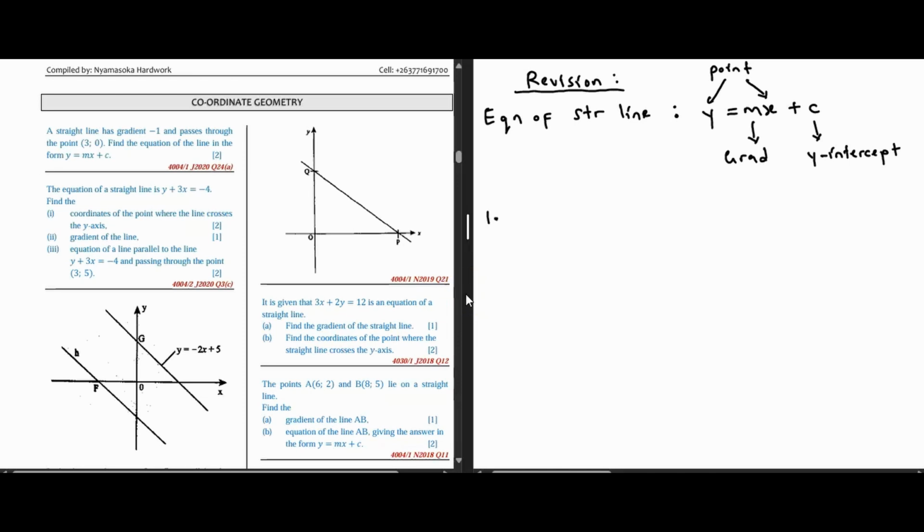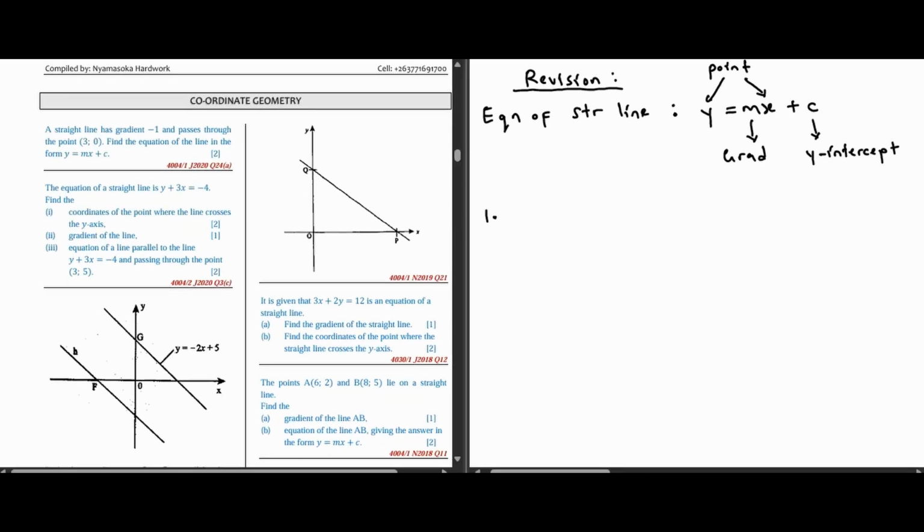Number 1. How do we write that question down? Let us read it, but a little slower. So a straight line has gradient -1. When you answer word questions, what you are expected to do is start by writing down what you have been given in the question. So that first part, that sentence, says a straight line has gradient -1, which means m is equal to -1.